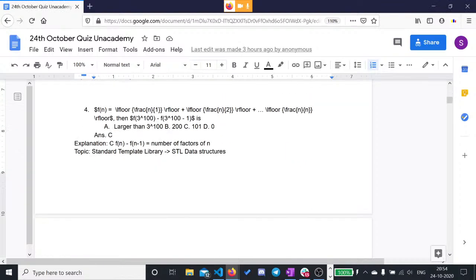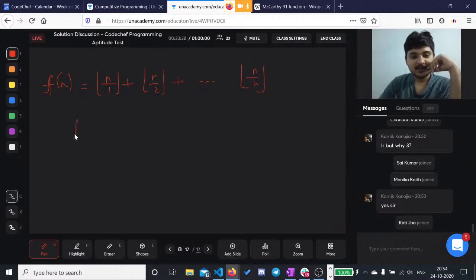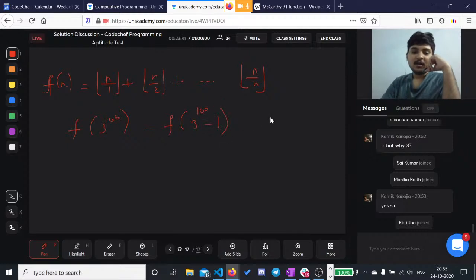So let me go to the next question. This is an interesting question. f of n is floor of n by 1 plus floor of n by 2 plus so on till floor of n by n, and you're asked to find f of 3 power 100 minus f of 3 power 100 minus 1.